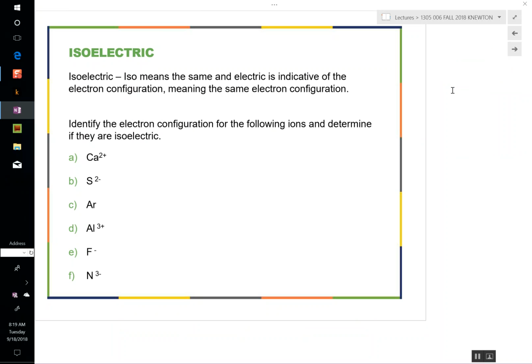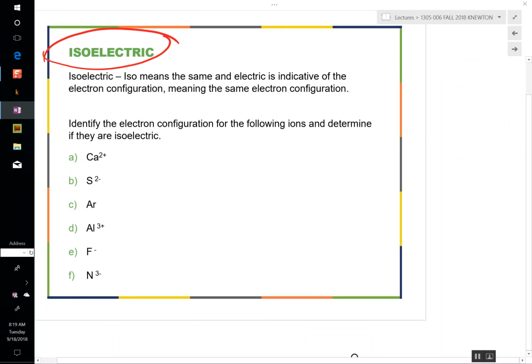We mentioned isoelectronic. We said that these are things, for example, aluminum. Look at aluminum right there, just aluminum 13. So 1s2, 2s2. I'm going to get 13 electrons in here. There's 10. 3s2, 3p1.